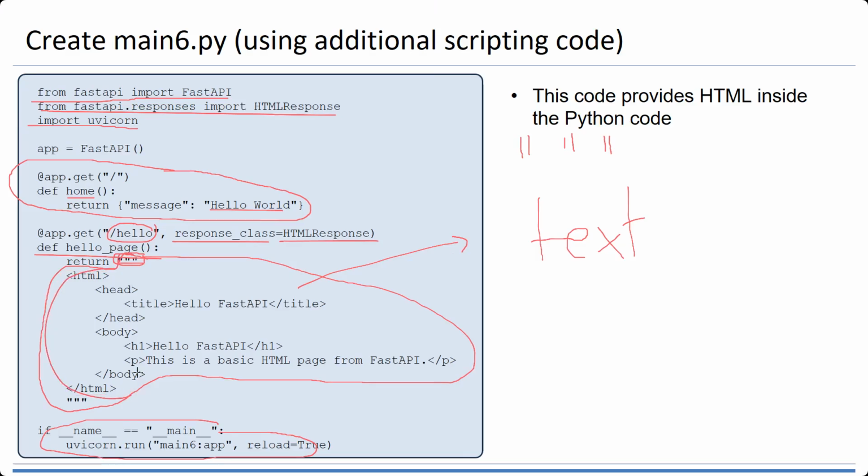I think you already learned the HTML. It contains two parts, head and body. The head contains one statement about the title, and the body contains two statements, the H1 and P.